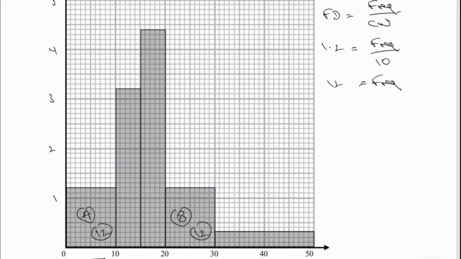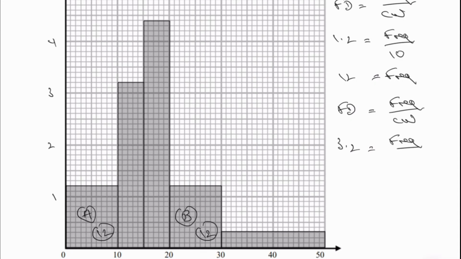Okay, let's have a look then at the other blocks, and we just need to apply exactly the same formula, which is frequency density equals frequency divided by class width. If I look at the second block along, that's going to give me a frequency density of 3.2. Frequency I don't know, but the class width for the second block is going to be 5.